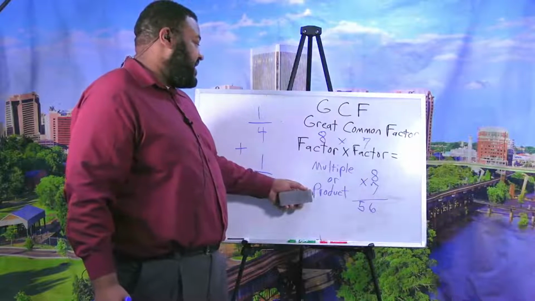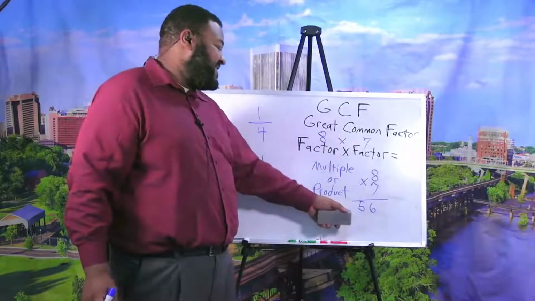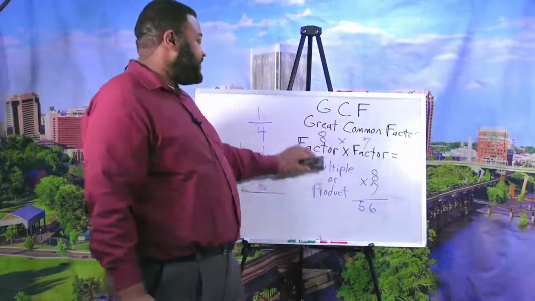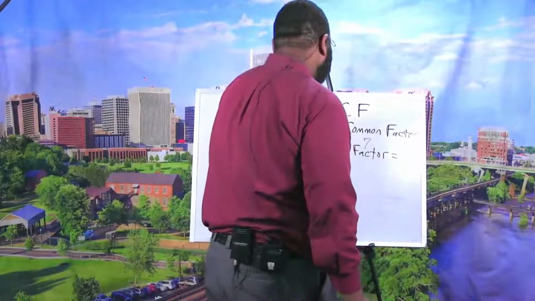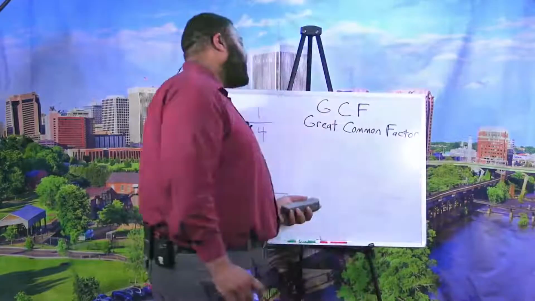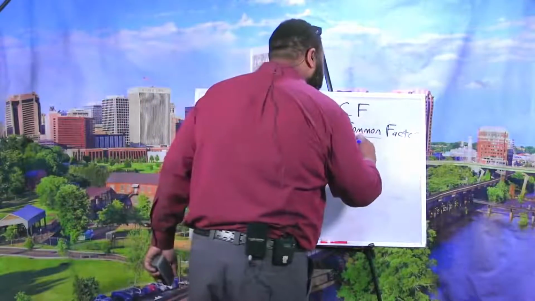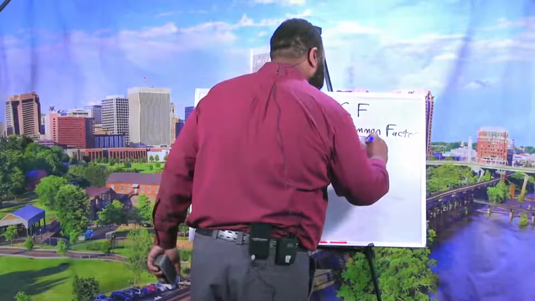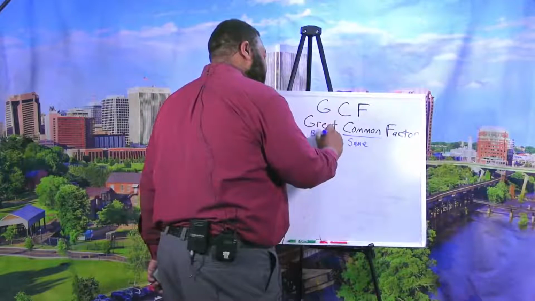The multiple or product is 56. Now, when we talked about the greatest common factor, don't forget, common means the same. Greatest, we put the biggest.